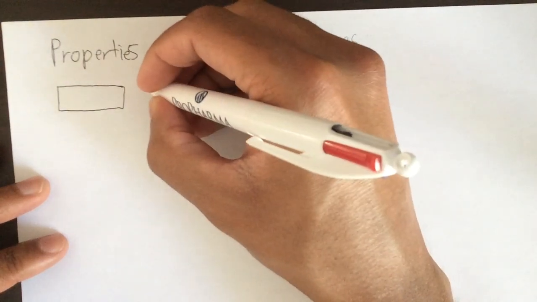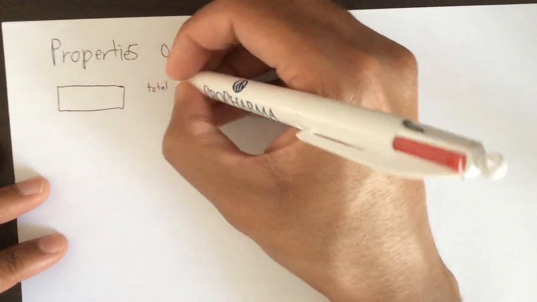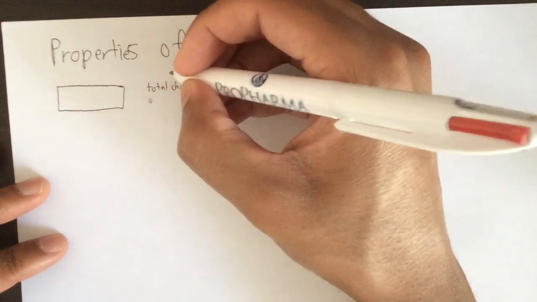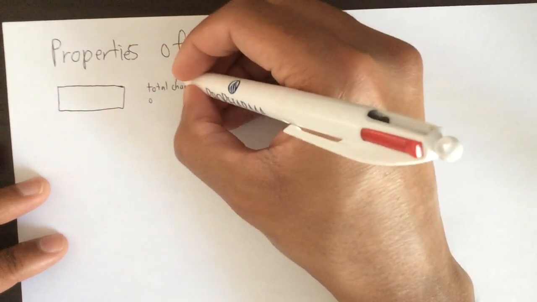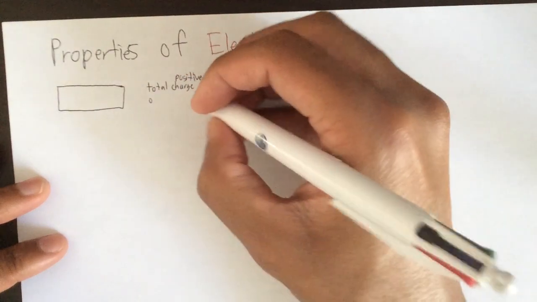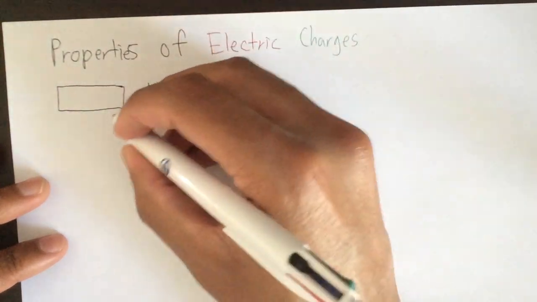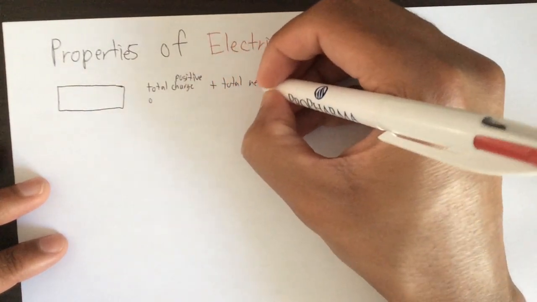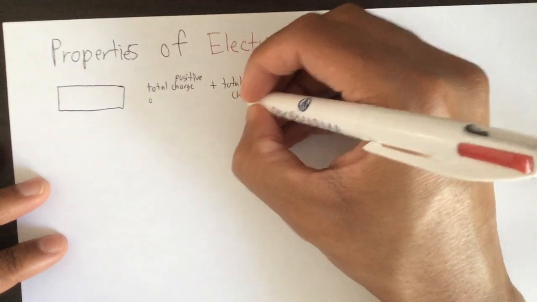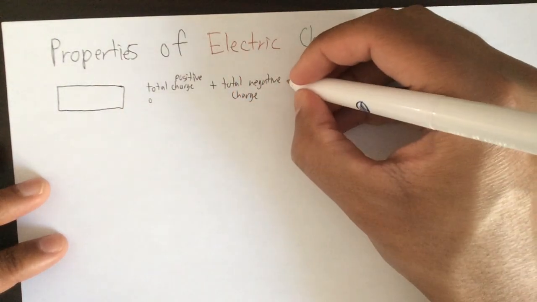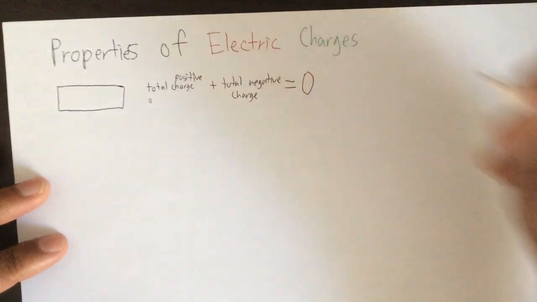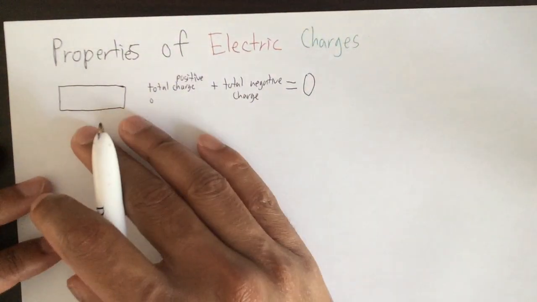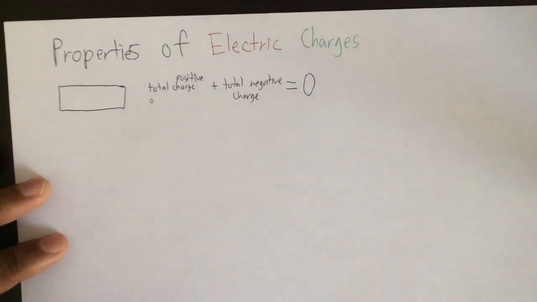All that means is that the total charge, the total positive charge on this bar plus the total negative charge on this bar is equal to 0. So that is what it means when an object is not electrically charged.